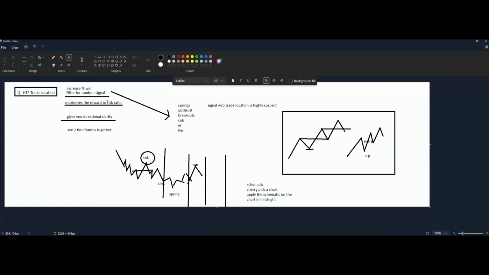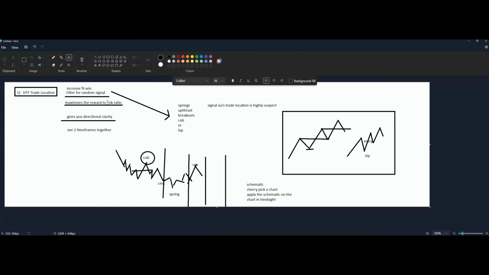So that's why I'm focusing on trade location. Now, I'm not going to get into how I do trade location, but there are plenty of ways to do it, and this is what you need to focus on. This is what you need to focus on, that trade location thing. Once you get trade location right, then you can see the signals or behaviors you apply to that area.